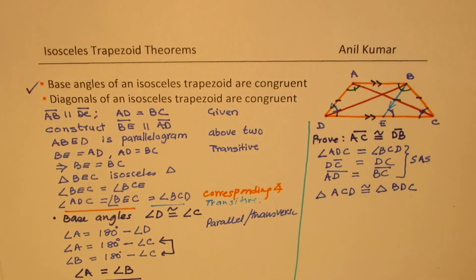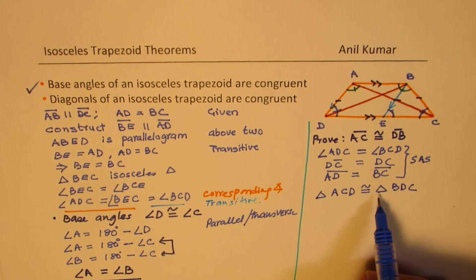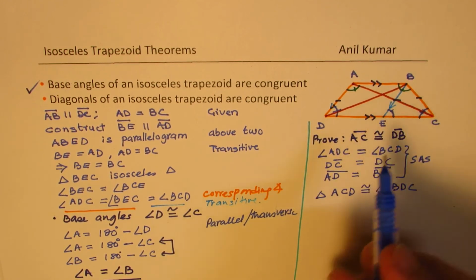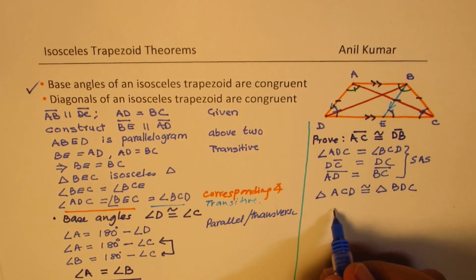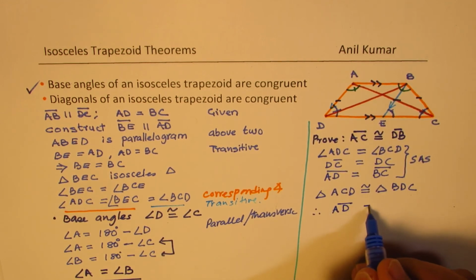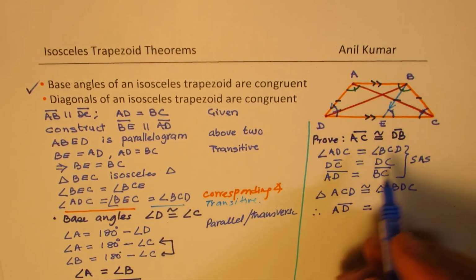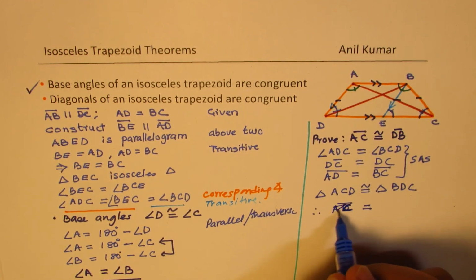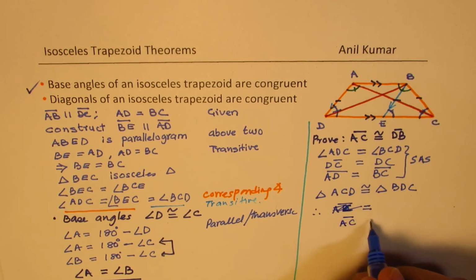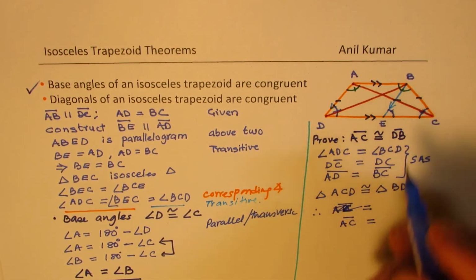So when you have these congruent triangles, the result is that all angles are the same and all sides are equal, correct? So now that means that AC is congruent to DB.